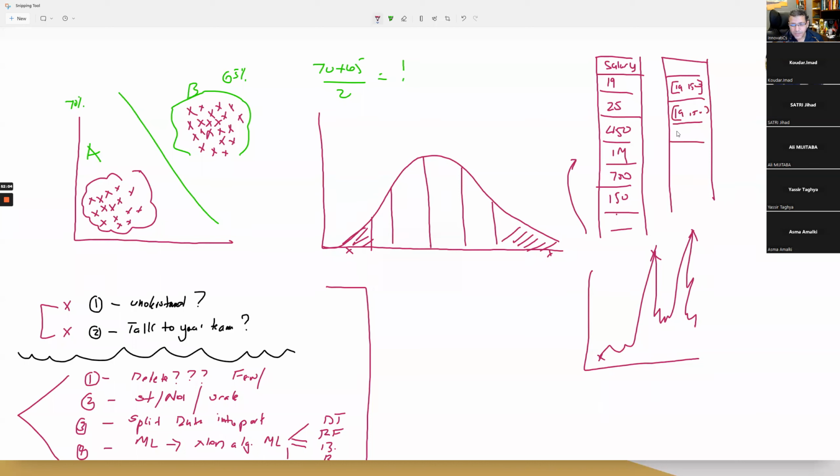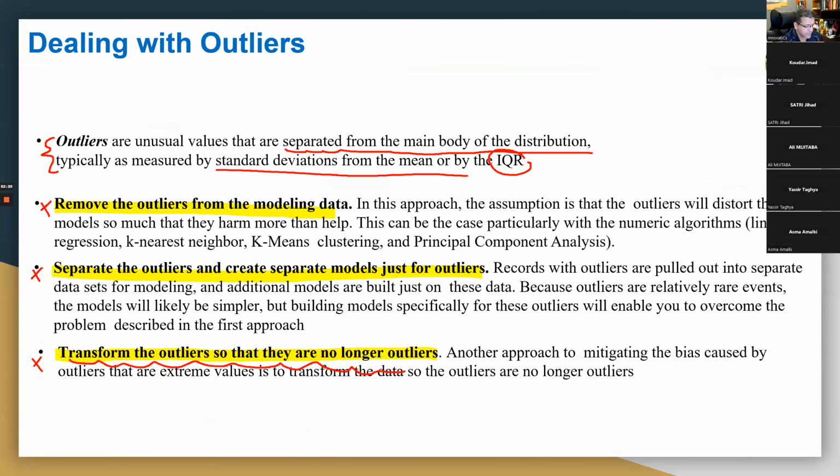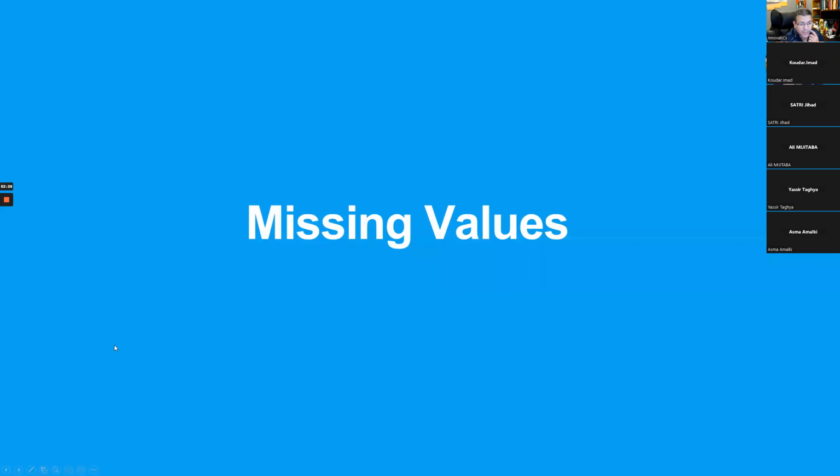This is 250, 550، وغادي هكا يعني ما كيبقاش عندك الاوتلايرز. That is what we call binning. So we could bin our data.